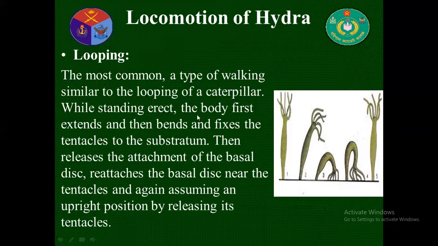While standing erect, the body first extends and then bends, and fixes the tentacles to the substrate. At first, their body bends and touches the substrate with the tentacles. Then they release the attachment of the basal disc, then reattach the basal disc near the tentacles.